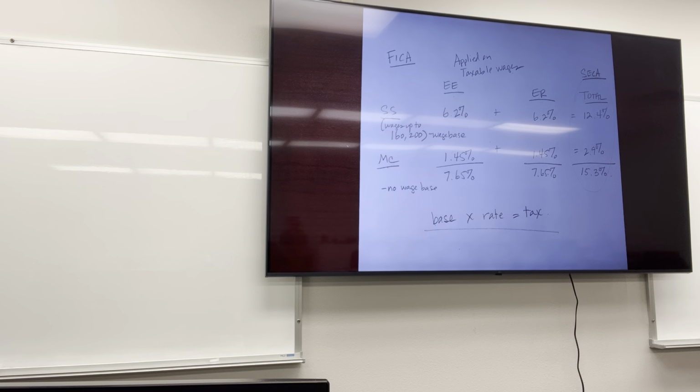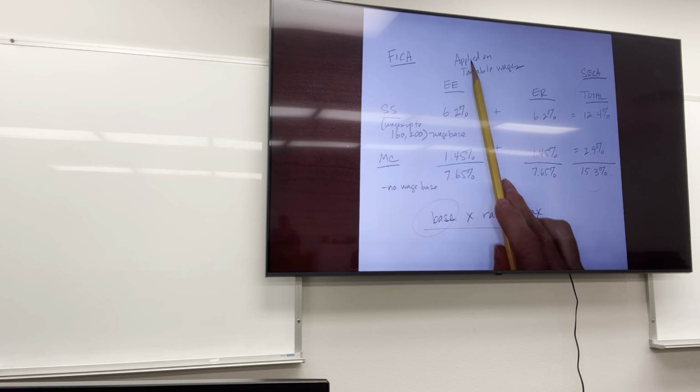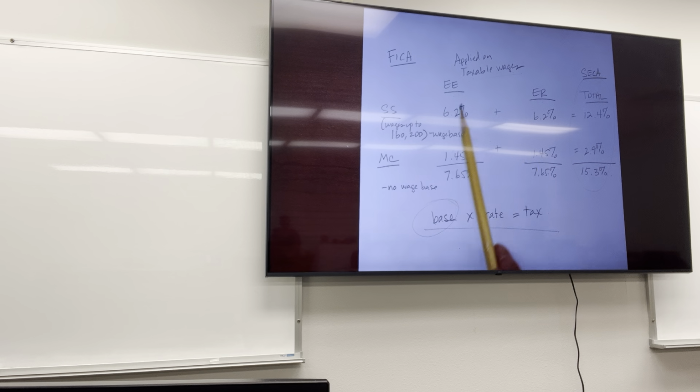Same thing applies with income taxes, except here we're talking about what our taxable income is, and that's our base. So our base in this case is applied to taxable wages. For Social Security, that wage base stops, right? It's going to start at $1 and go up to $160,200.